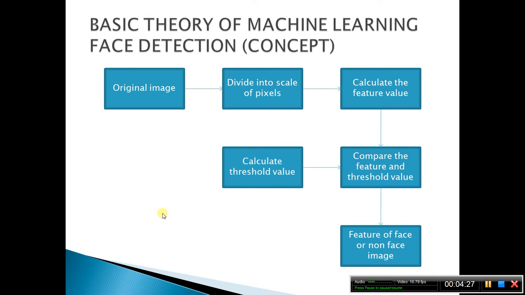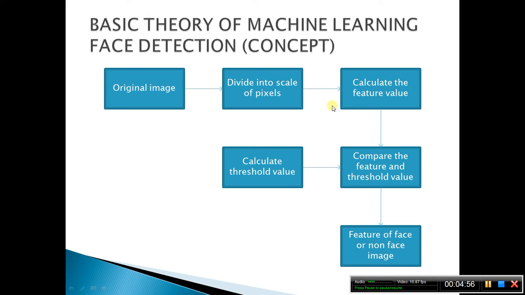The concept of face detection from an image is separating the face from its background or other things that are not a face. After I input the original image, the first step is dividing the image into a scale of pixels. This scale of pixels will create a grid of rectangles on the image.